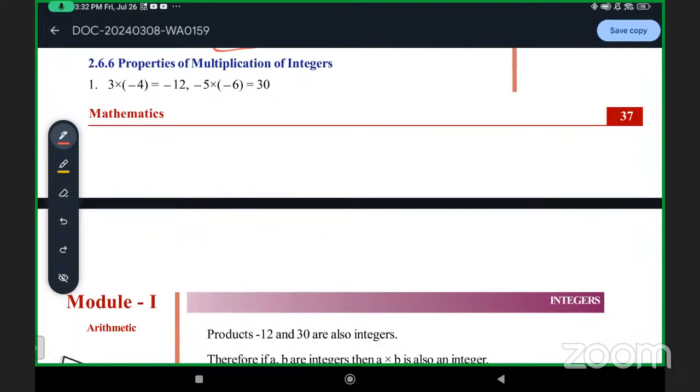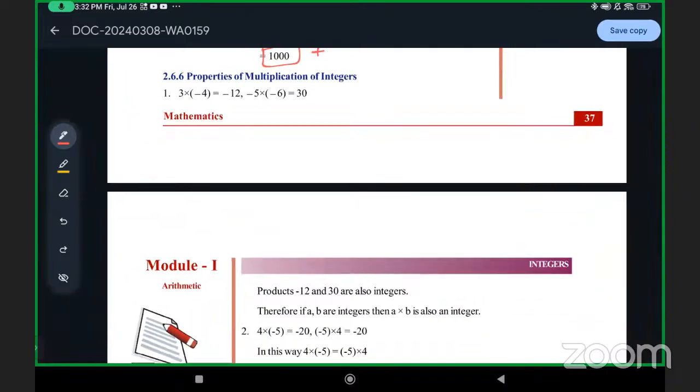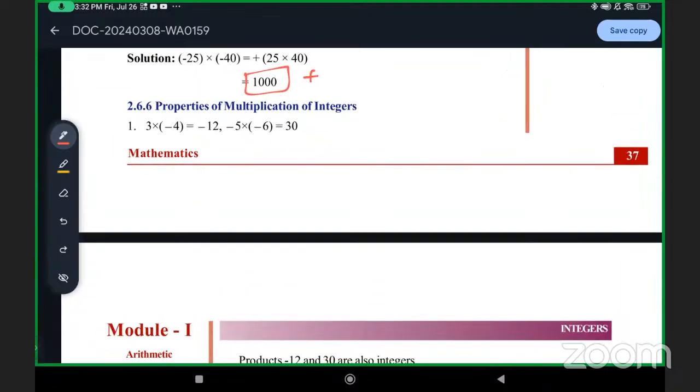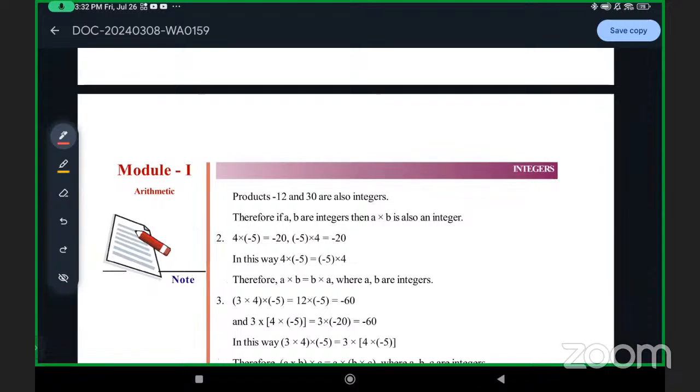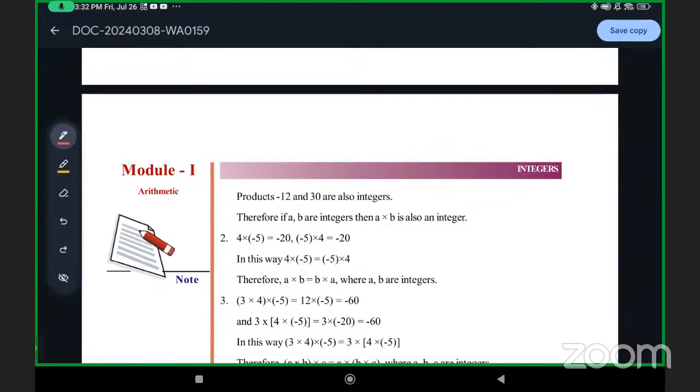Then we have the properties of multiplication of integers. If a and b are integers, then a into b is also an integer. When we multiply two integers, what we get will also be an integer.